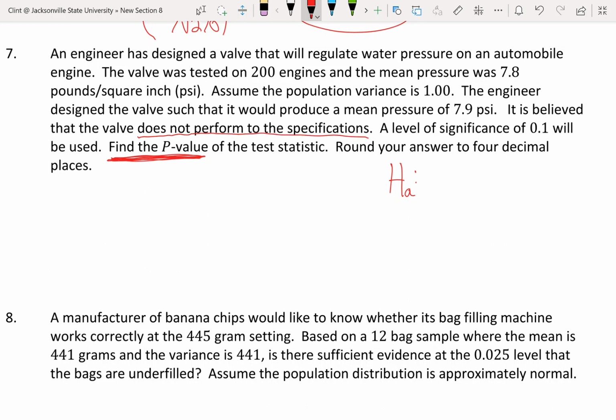It doesn't say above or below. So it's supposed to be 7.9. We're thinking it's not 7.9. What's our symbol going to be? Not equal to. Okay, so this one is two-tailed.